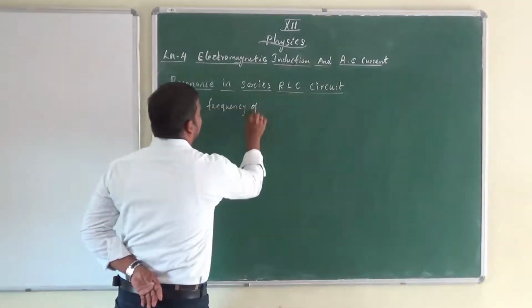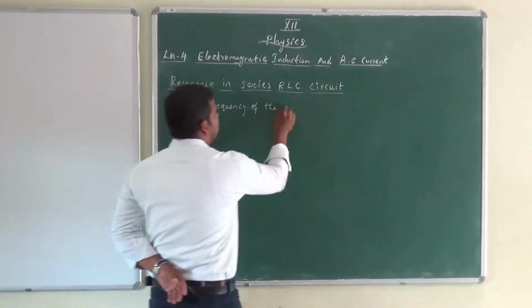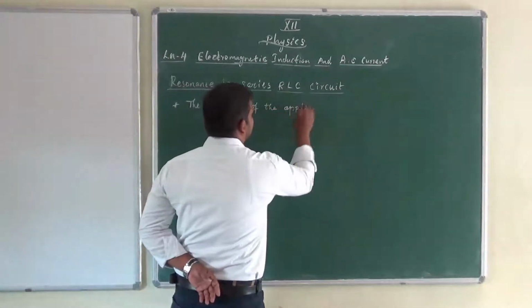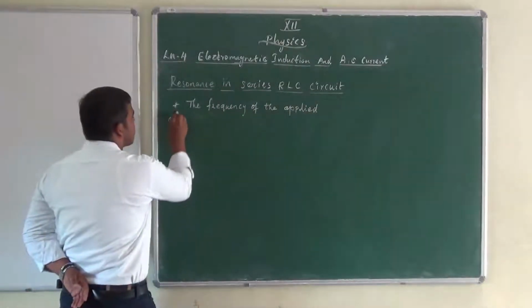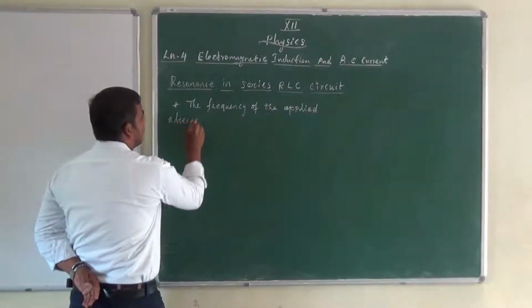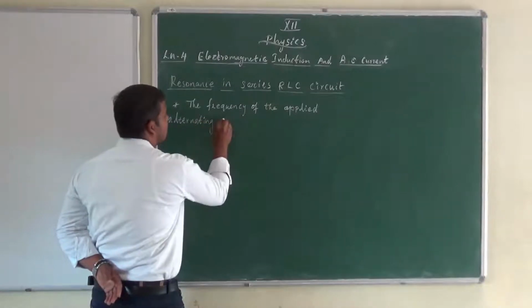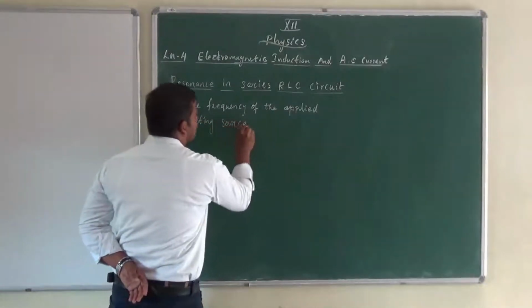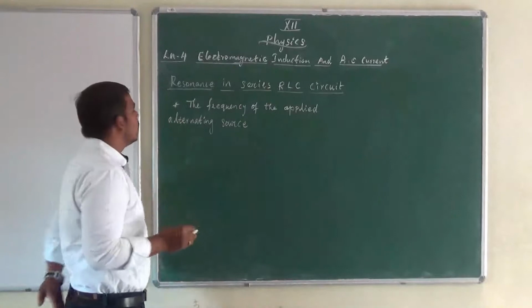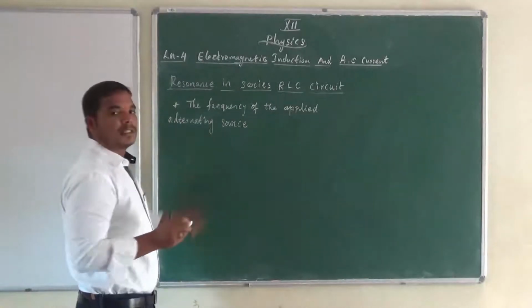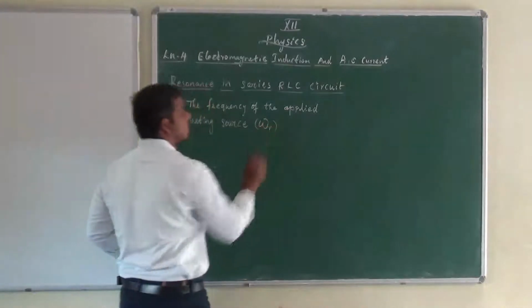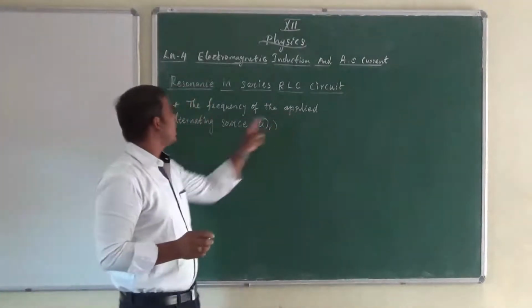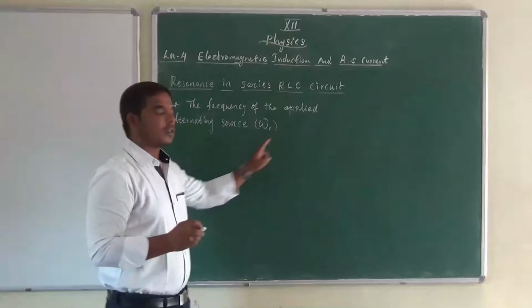The frequency of the applied alternating source. What is the frequency of the applied alternating source? It is represented by omega r. What is this called? Frequency of the applied alternating source.